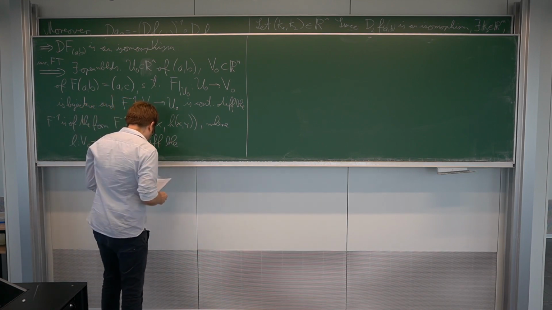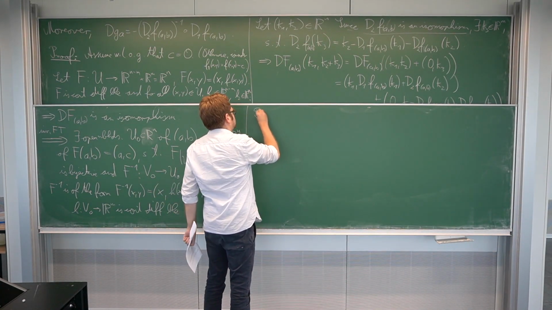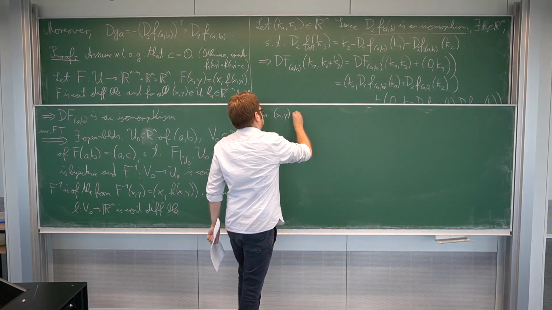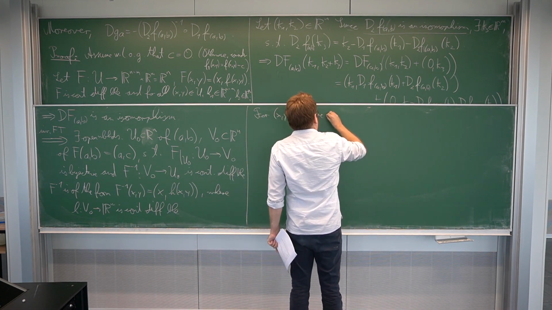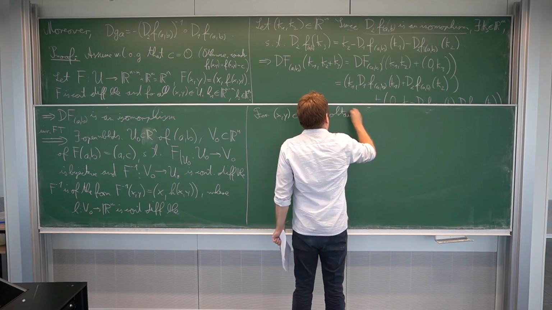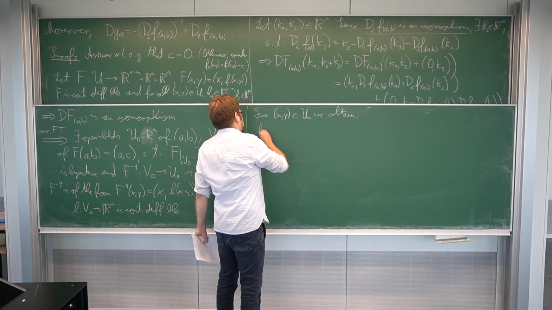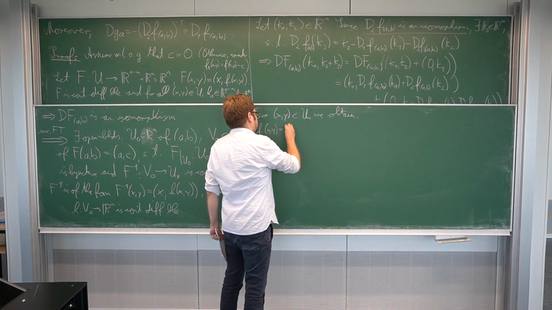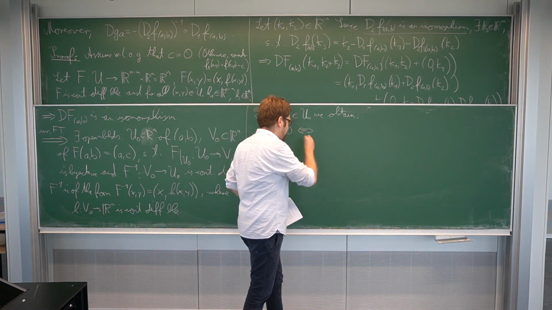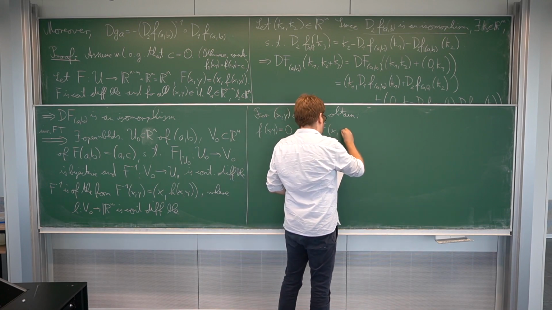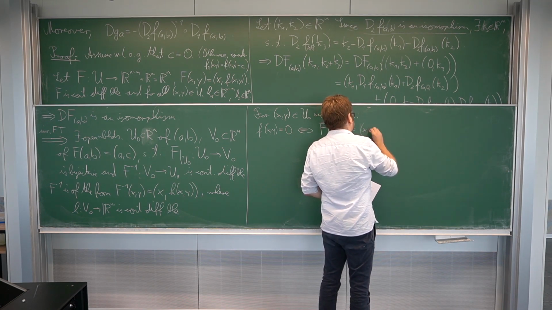Okay. But by construction, if we start with some element xy in u0, remember we want to solve the equation f of xy equals 0. Now, when does this happen? F of xy is equal to 0 if and only if, just by definition of capital F, F of xy is x0.